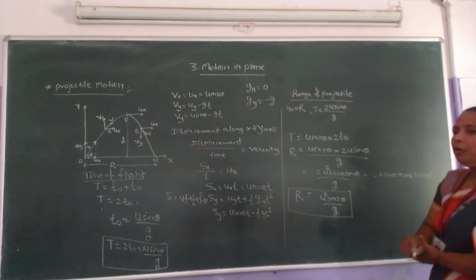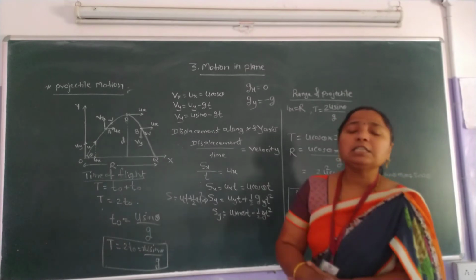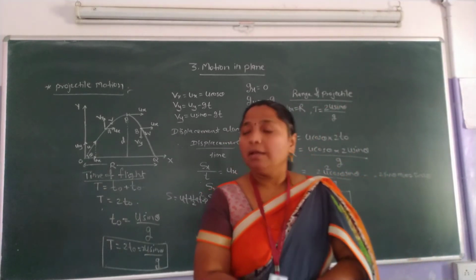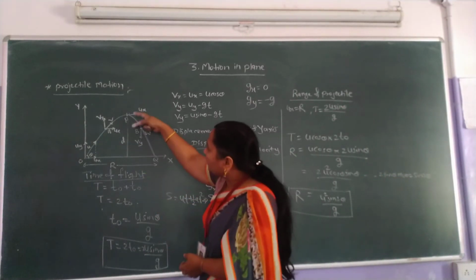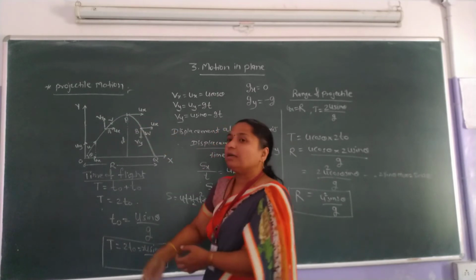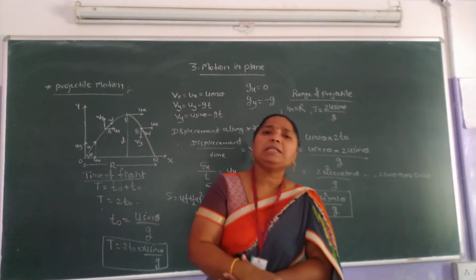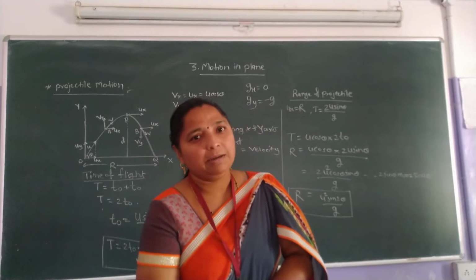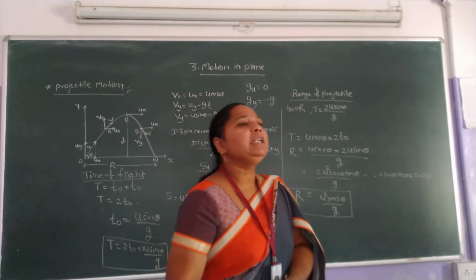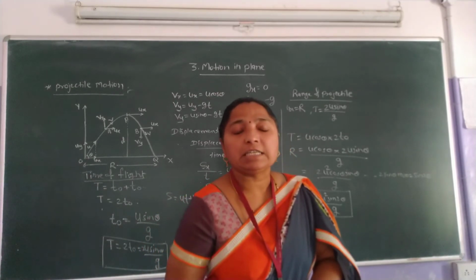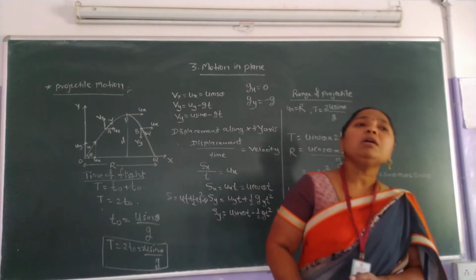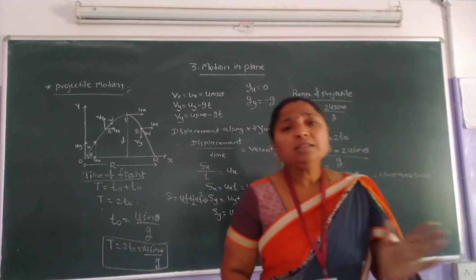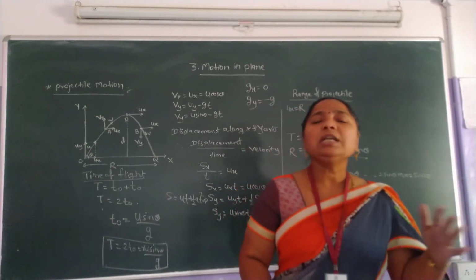Similarly, we can calculate the vertical distance covered by the projectile. That displacement is also known as the maximum height of the projectile, the maximum vertical distance of the projectile from the x-axis, the horizontal surface.